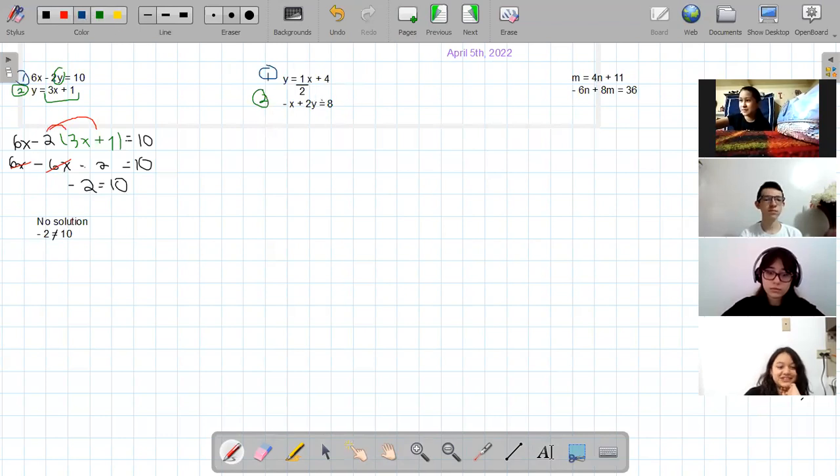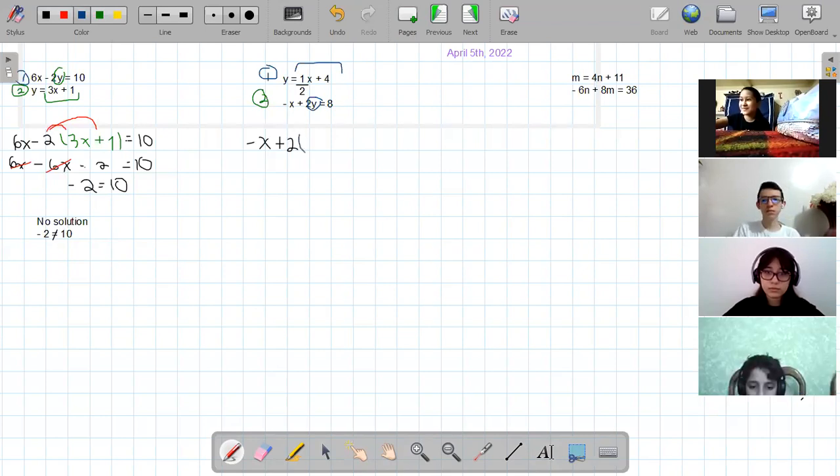So we're going to substitute inside this y what y stands for. Okay, so we're going to say negative x plus 2, and instead of y, I'm going to place 1/2 x plus 4, and that is equal to 8. Okay, we're going to do the distributive property.